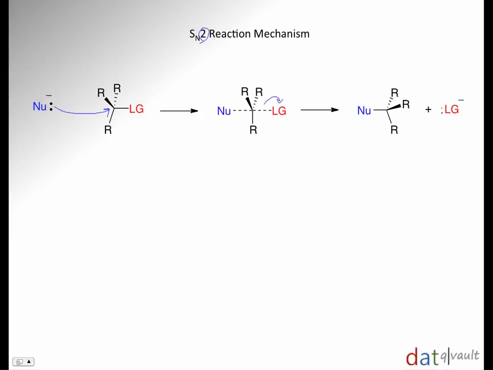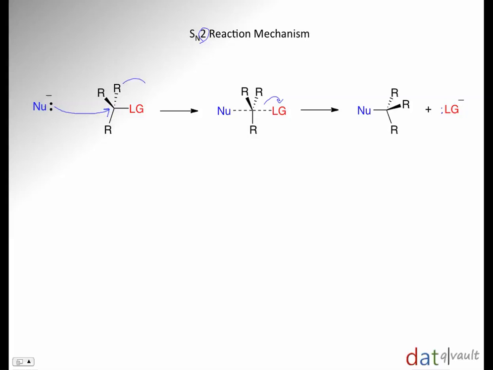If you notice, this reaction goes by inversion of stereochemistry. This is because the nucleophile attacks the carbon from the opposite side of the leaving group, forming this intermediate, and then once the leaving group leaves, the nucleophile is on the opposite side of the carbon.